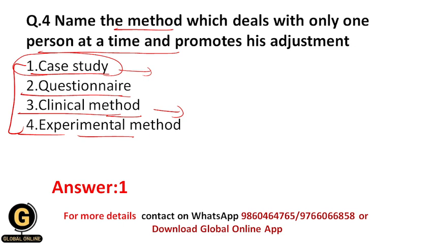Within the experimental method, the researcher can study the relationship between variables, controls the variables, and statistically tests the hypothesis. So lots of things can be done within the experimental method, but your correct answer here is case study.